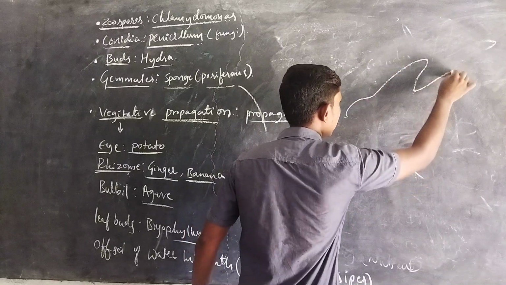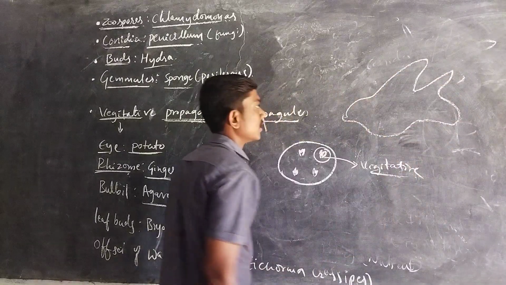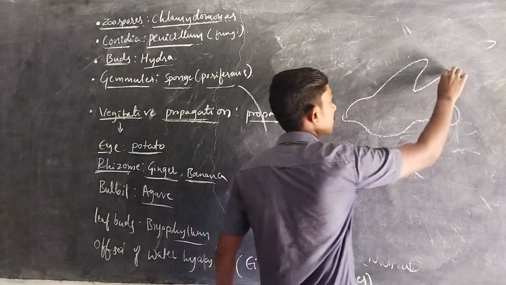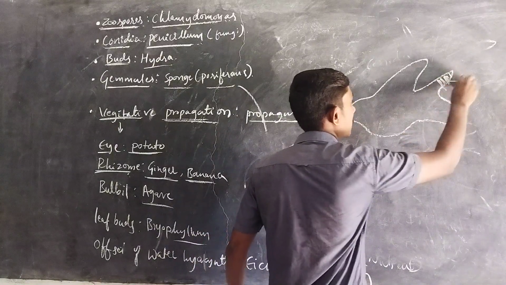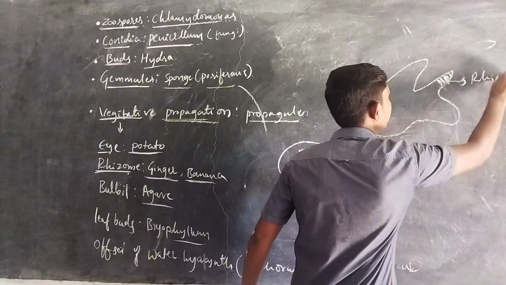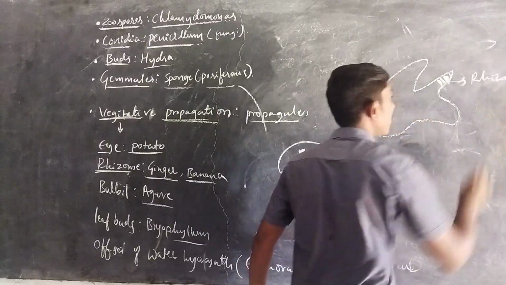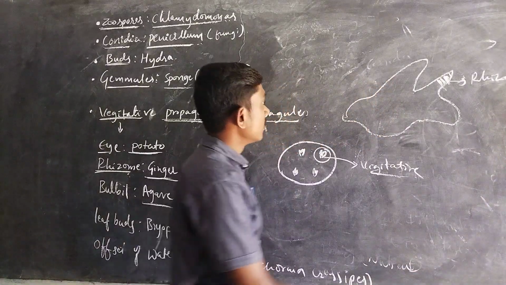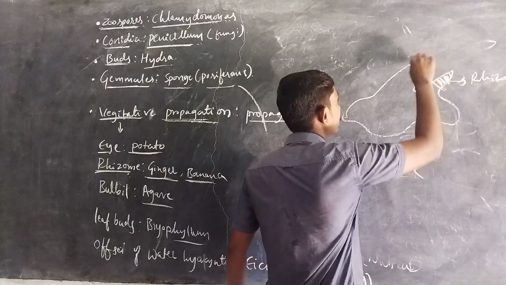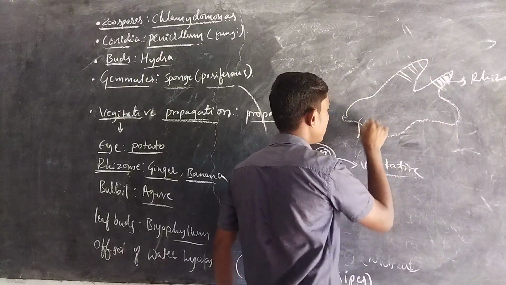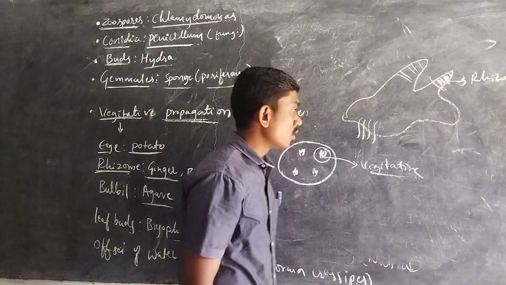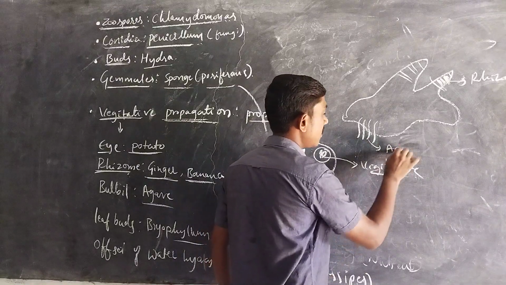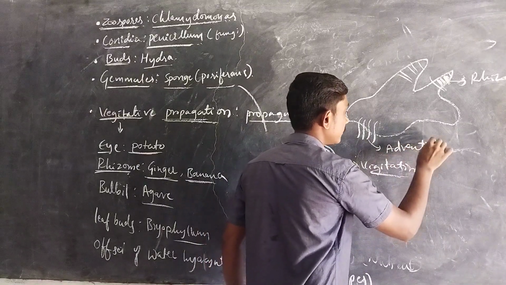We all observe ginger. These structures have specialized parts that we call the rhizome. The rhizome is the reproductive part. We can observe nodes and internodes, and also some roots. These roots are specially called adventitious roots.